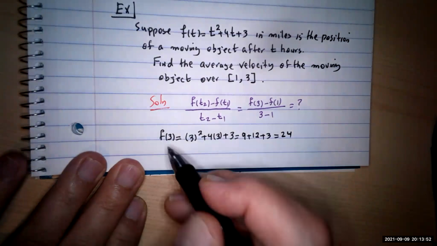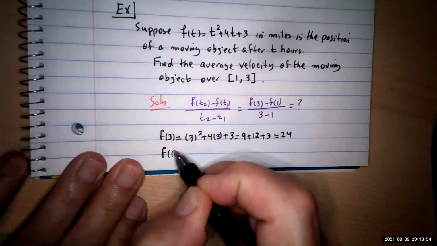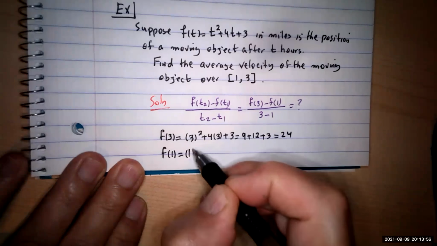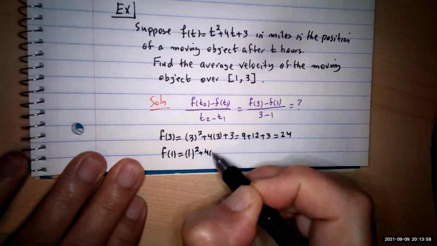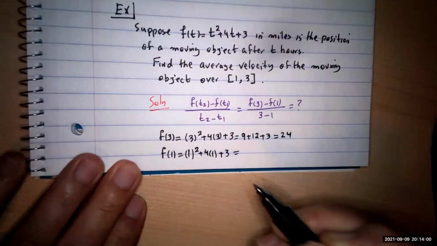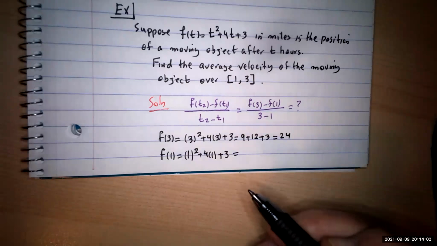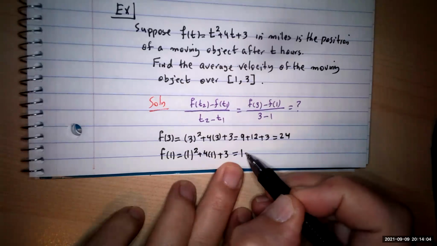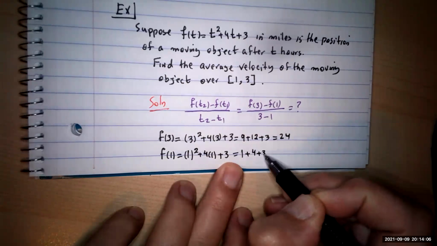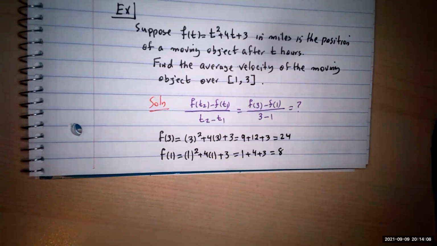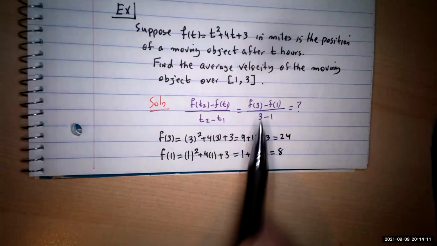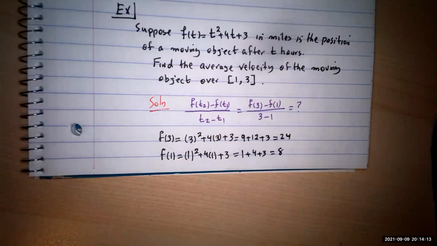Find f of 1. f of 1 is equal to 1 squared minus 4 times 1 plus 3. So 1 squared is 1, minus 4, plus 3. That gives us 0. Form this quotient: the difference between the distances over the difference in time, and simplify it to get the final answer.